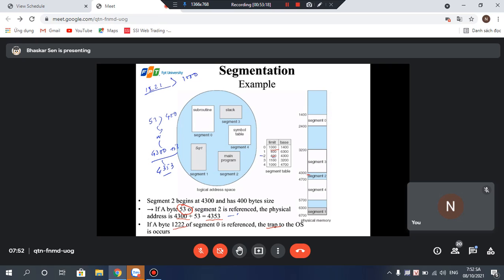Is 1222 greater than 1000? Yes. That is a trap, an addressing fault, not a segment fault. A segment fault happens when that segment is not found to be loaded in RAM at that point in time. So this will generate an addressing fault, meaning the address that you are trying to refer to doesn't fall in that segment. As simple as that.